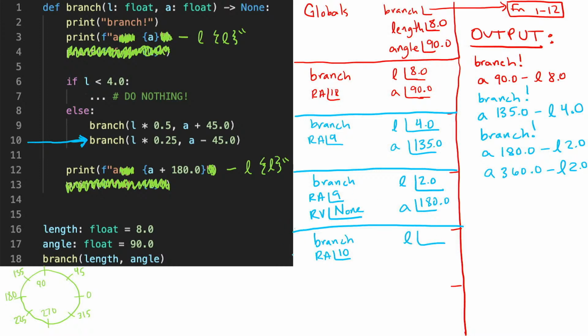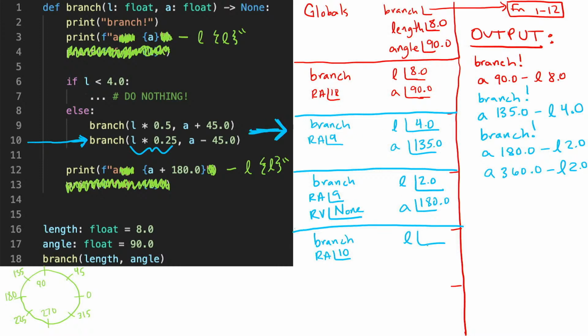Now here's why we always say the current frame. We're setting up this frame, we're not yet jumping into this frame. So what is our current frame? Our current frame is the lowest one on the stack that is yet to return, right? It's the frame where L is 4 and A is 135. So when we're figuring out what is L multiplied by 0.25, we're asking what is a quarter of 4.0, because this is our current frame.